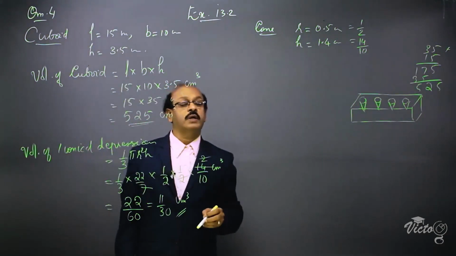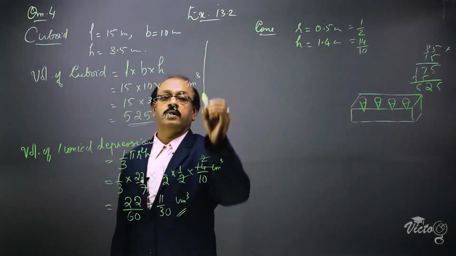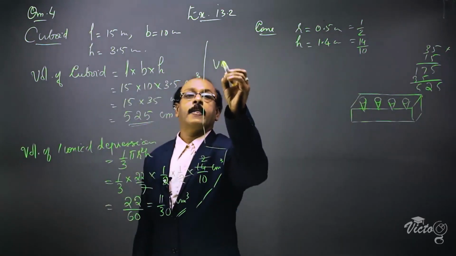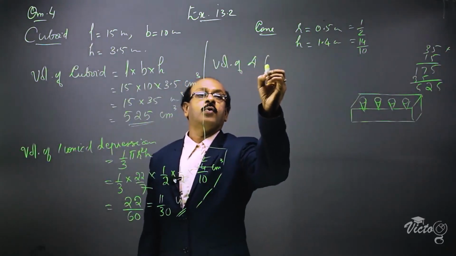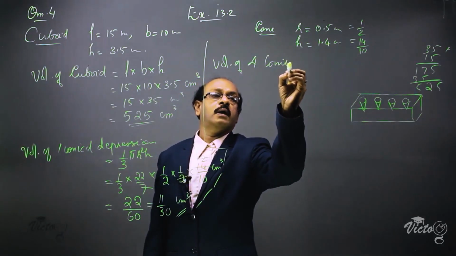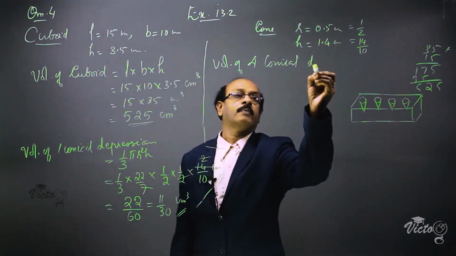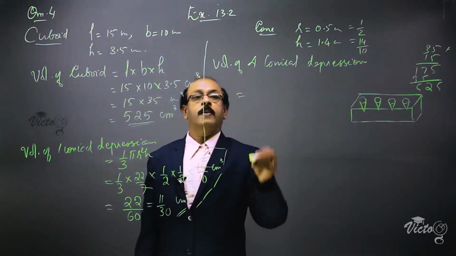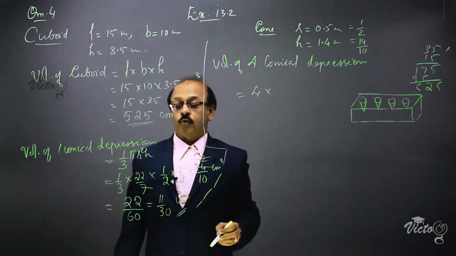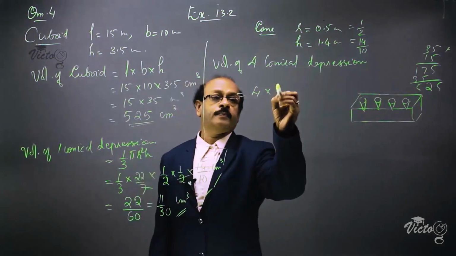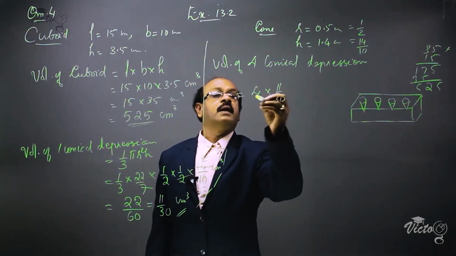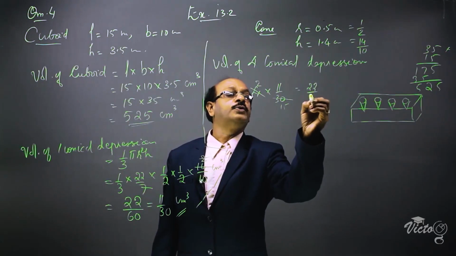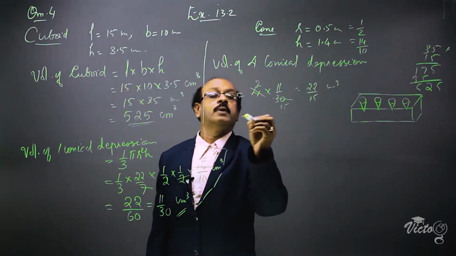There are 4 conical depressions. Therefore, we have to find out the volume of 4 conical depressions, which is equal to 4 into 11 by 30. Cancelling 2 and 15, this is equal to 22 by 15 centimeter cube.